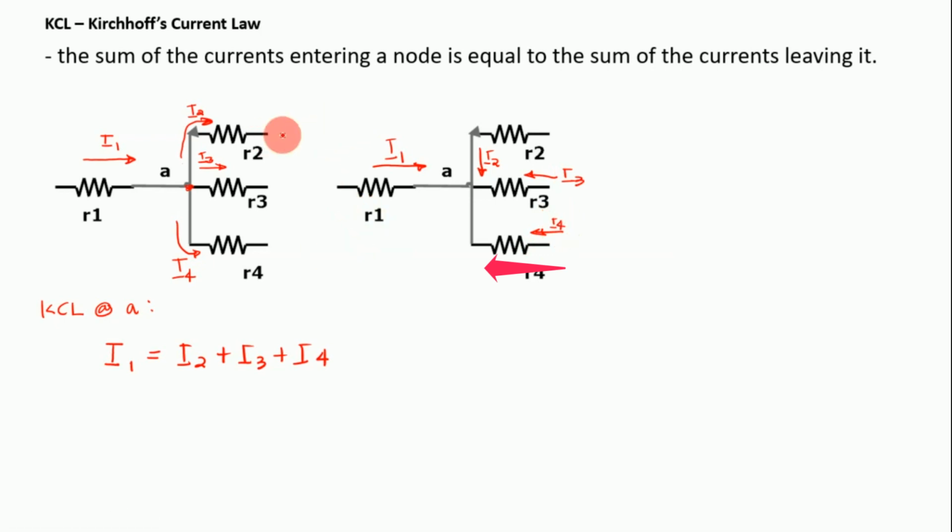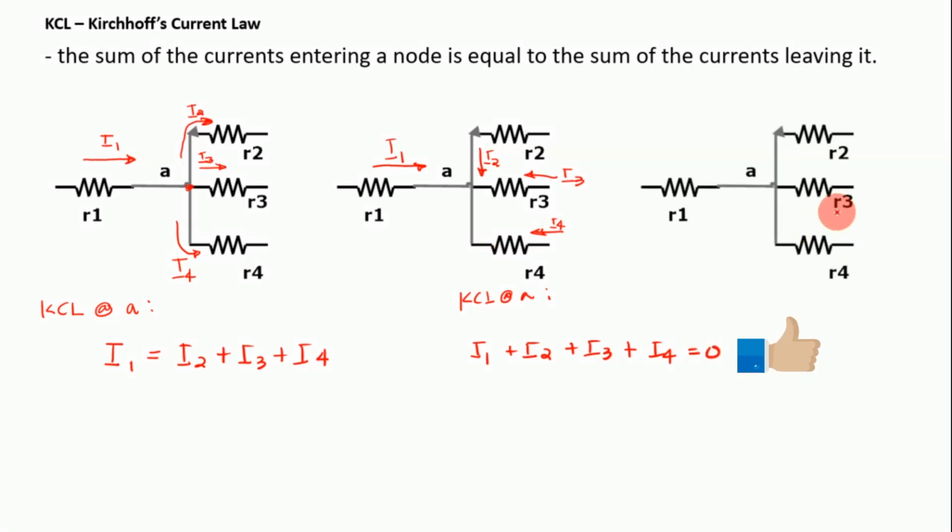So to set up the Kirchhoff's current law, again the KCL at node A will be current enters a node equals the current leaves the node. Okay, so this one is entering a node, so that is I sub 1, and this also enters a node, so that will be plus I sub 2 and plus I sub 3 and plus I sub 4. And there are no other currents here. It all enters a node, so this is equated to 0.